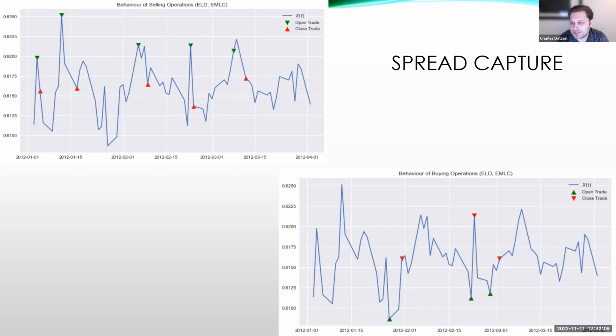Again, the blue line is just the modeled spread over the given trading interval, and then the top one looks at our selling orders, and the bottom one looks at our buying orders. So essentially, right, when it's low, you want to buy the pair, snag it when it hits its peak, vice versa for a selling order, right? When it's at the top, you want to sell the pair. So it seems to be doing its job.